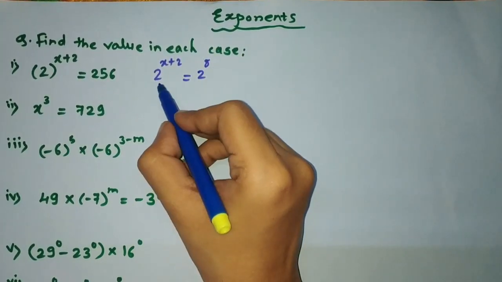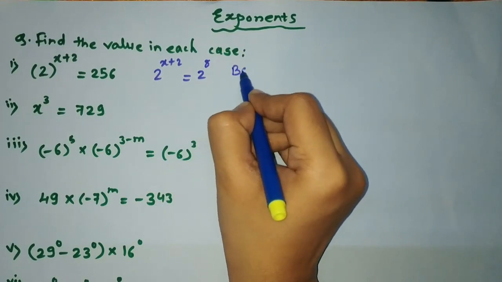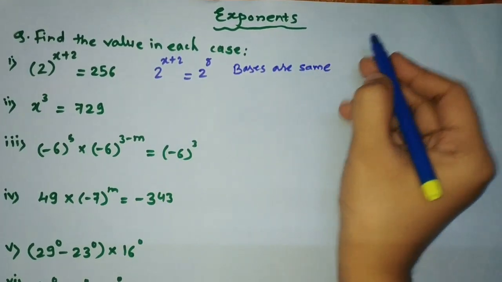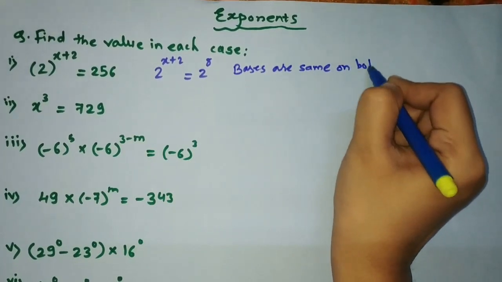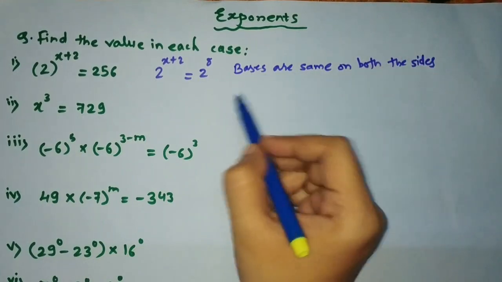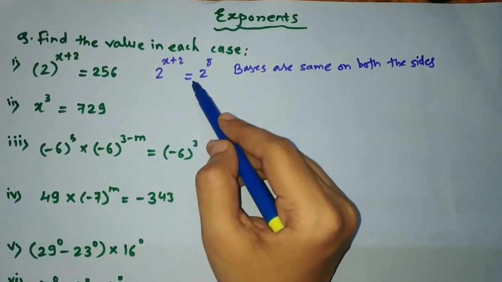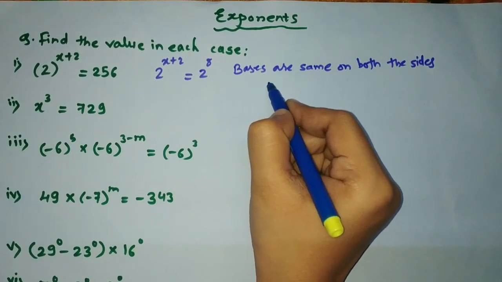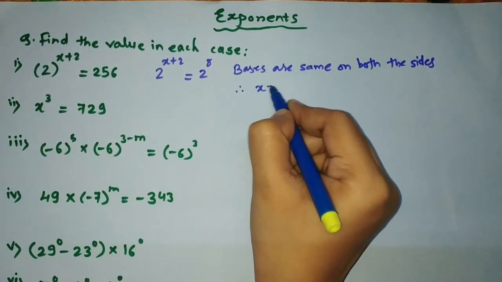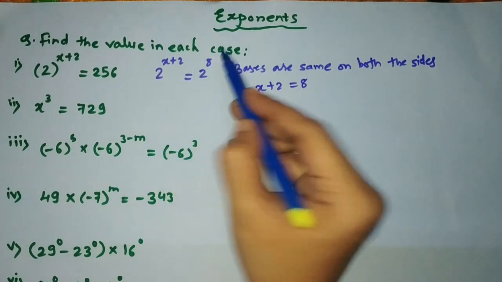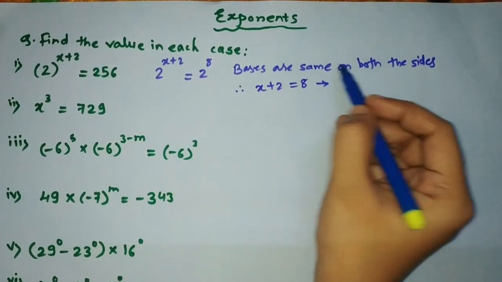Now notice that the bases are the same on both sides. When the bases are the same on both sides, you can equate the powers. Therefore, x plus 2 is equal to 8. Now I'll solve it.